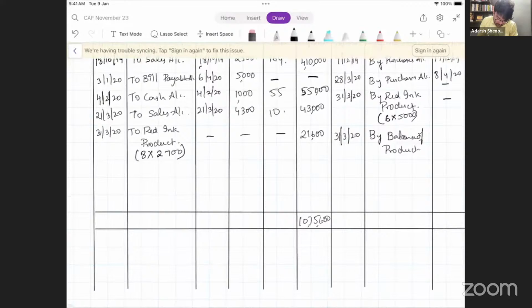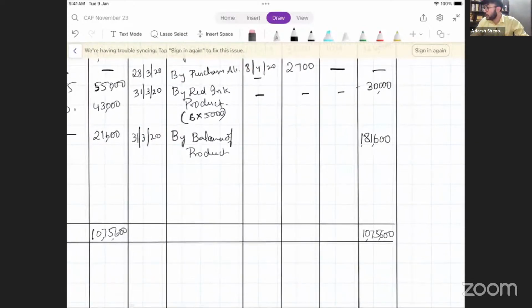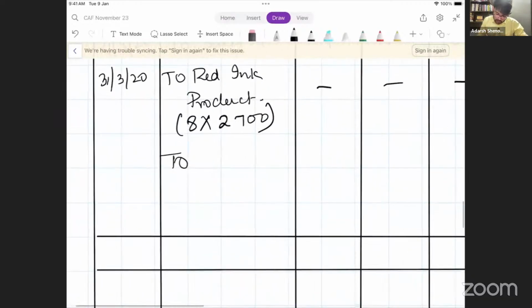Yes. Yes. Now we wrote the balance of product on the credit side, so the interest will be written on the debit side. Opposite side.